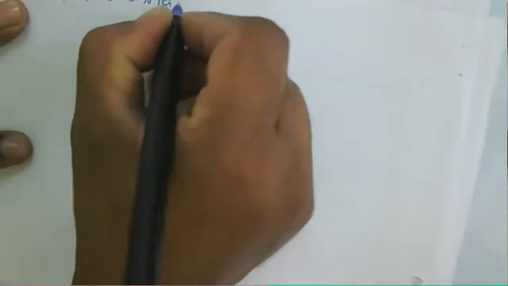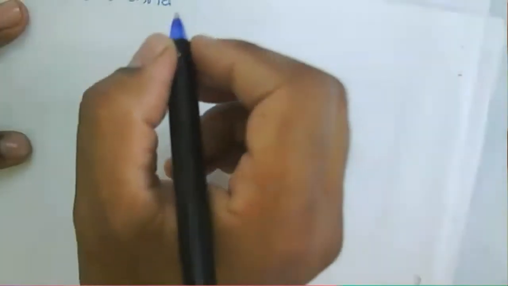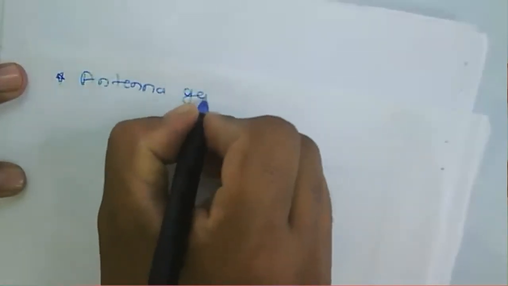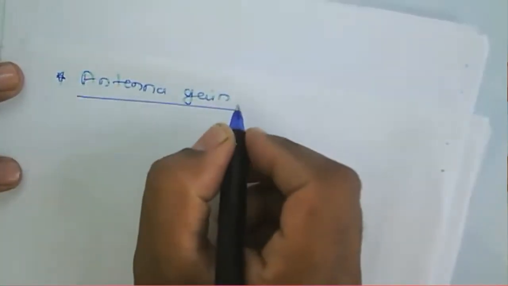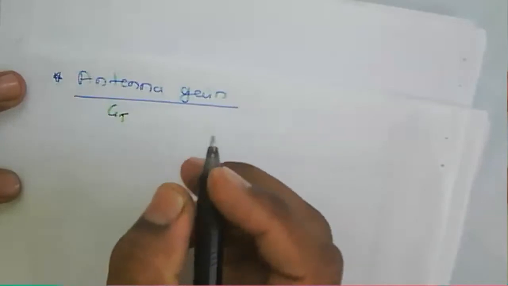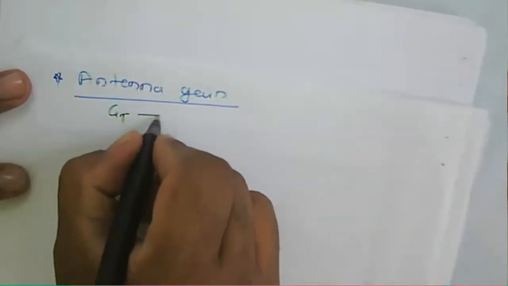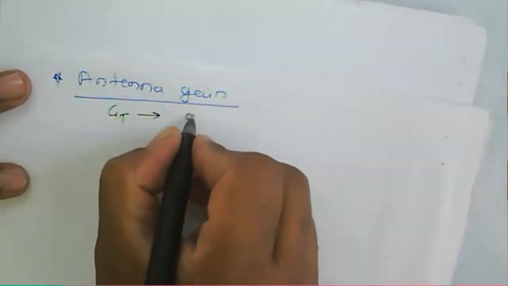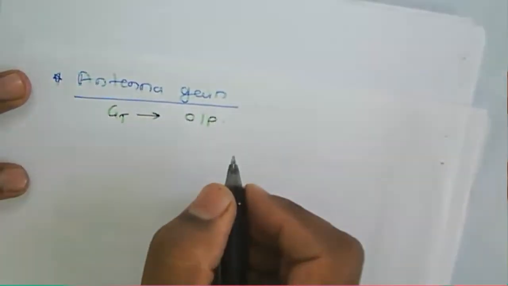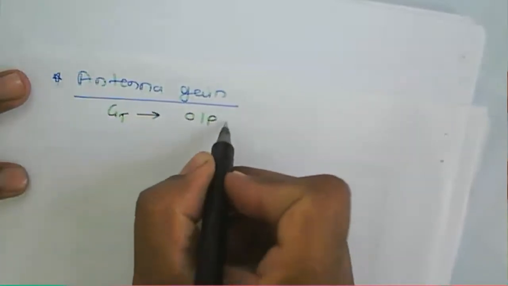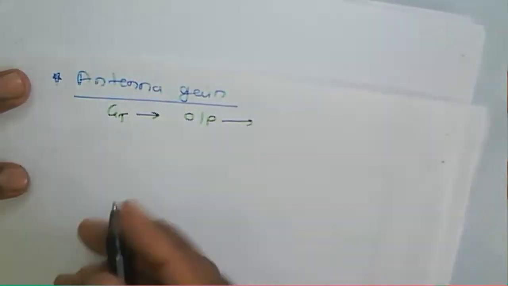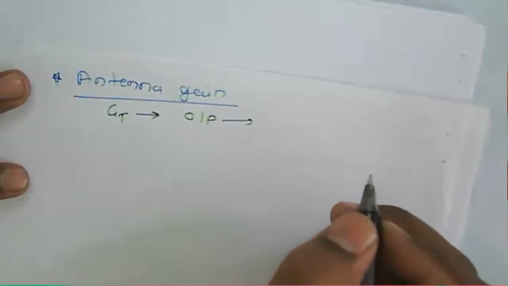So the antenna gain for the transmitting antenna, or you can say the antenna gain for the earth station. Generally a transmit antenna will provide the gain, and that will give us the output power, and that will be transmitted in space there, so that the satellite will receive the signal there.